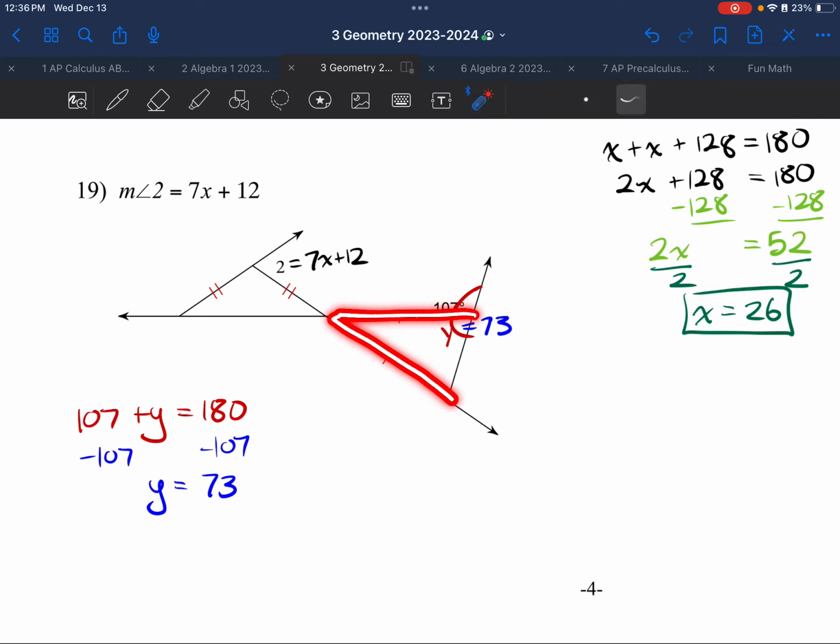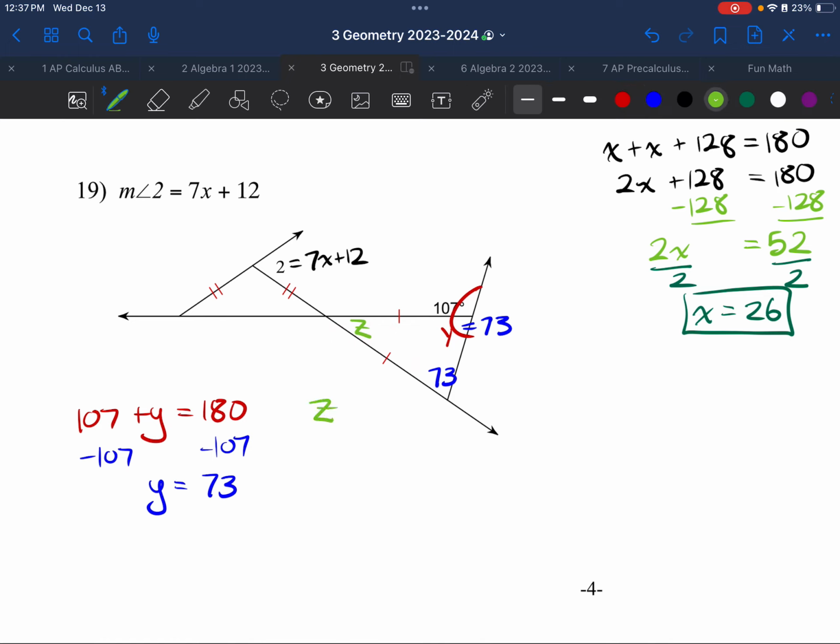This triangle is an isosceles triangle. That's what these two tick marks mean. If I have an isosceles triangle, the base angles must also be congruent. Therefore, this measure of 73 is this measure of 73, and I can label this 73 as well. Finally, I can find this angle, which I will call z up here, by noting that 73 plus 73 plus z, all three of these add up to 180 degrees.